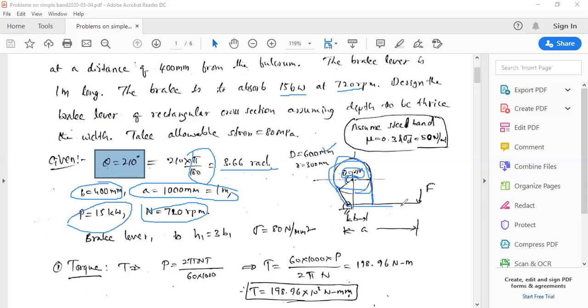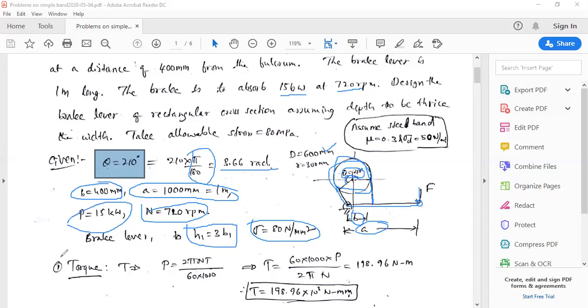This is the simple band brake, where A is the length of the lever, and B is the distance from the fulcrum to the point on the lever where the end of the band is connected. The brake lever has a rectangular cross section, with h1, the depth, as thrice the width of the brake lever, and the stress value for the brake lever material is assumed as 80 newton per mm square. So this is what is given.